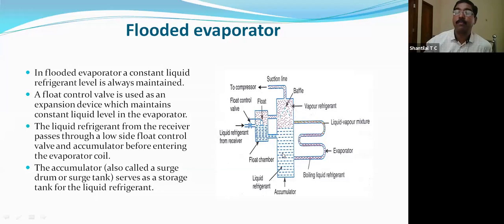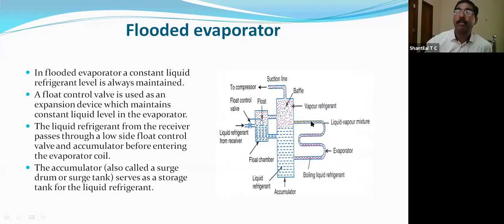This is known as the evaporator coil, and here it is full of liquid refrigerant. This liquid refrigerant goes into the evaporator coil, and the coil absorbs heat from the air or substance, which is to be cooled. Finally, this liquid changes to vapor. So at the last of the coil there is a liquid vapor mixture.